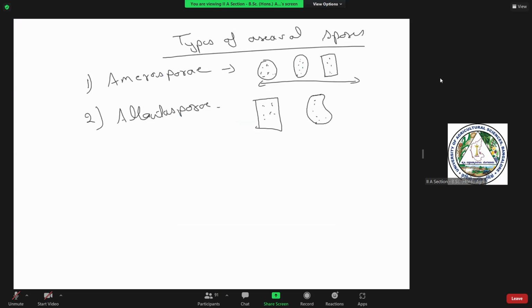Allantoid is slightly curved, and these are basically hyaline to pale. Hyaline is colorless, pale, so the color is hyaline to pale.